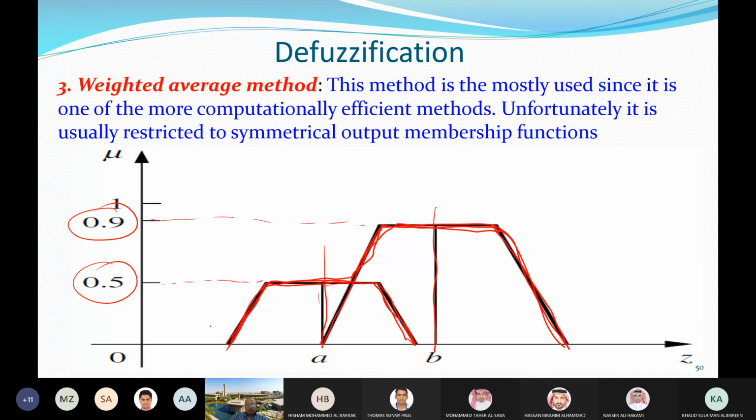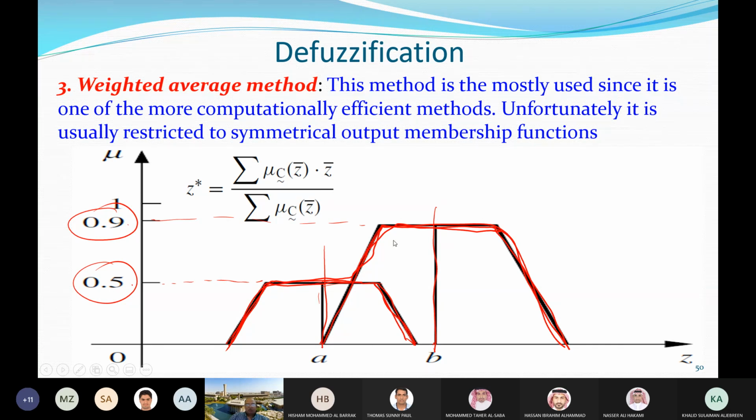So you can get the weighted average here. You multiply A by 0.5, you multiply B by 0.9, over the summation of the membership values. So you multiply the membership value 0.5 by this value A, plus 0.9 times B, over the summation of the membership values, which is 0.5 plus 0.9.